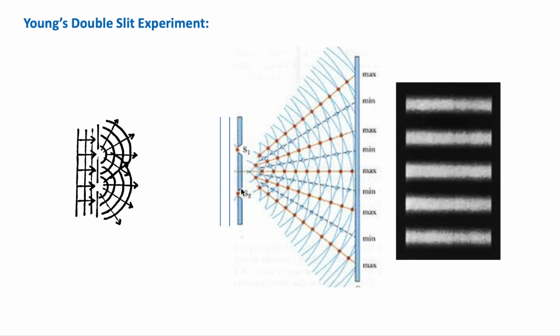So the two slits serve as two coherent light sources because the waves emerging from these two slits originate from the same wavefront here, right? And therefore the two sources maintain a constant phase relationship with each other, and therefore they are coherent. So a pattern of bright and dark parallel bands appears here on the viewing screen.